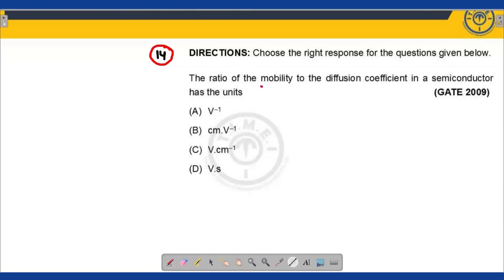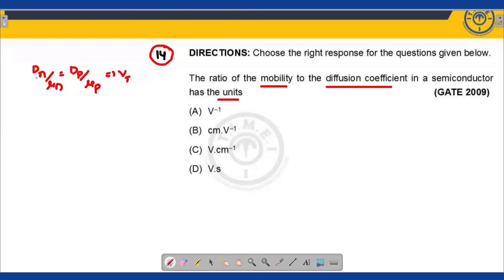The ratio of mobility to the diffusion coefficient in a semiconductor has units of what? He is asking about the units, my dear friends. This is also very, very important. Generally, I told you the relation: Dn by mu n in n-type, or Dp by mu p, is equal to Vt.